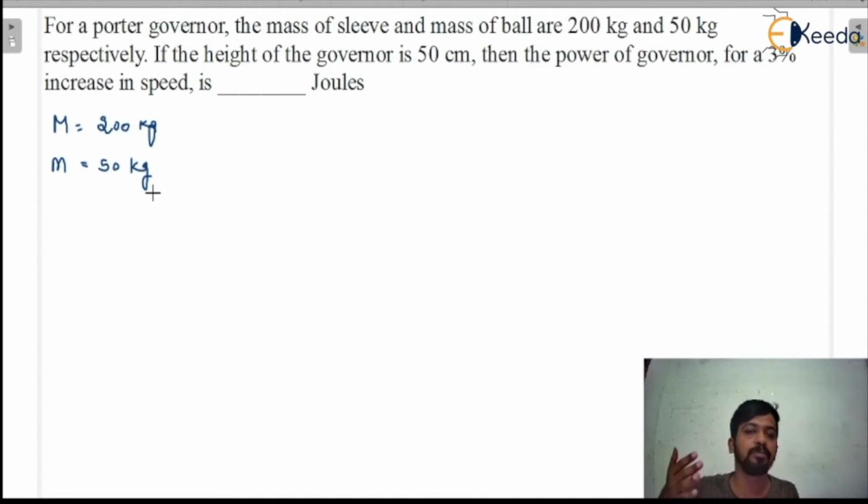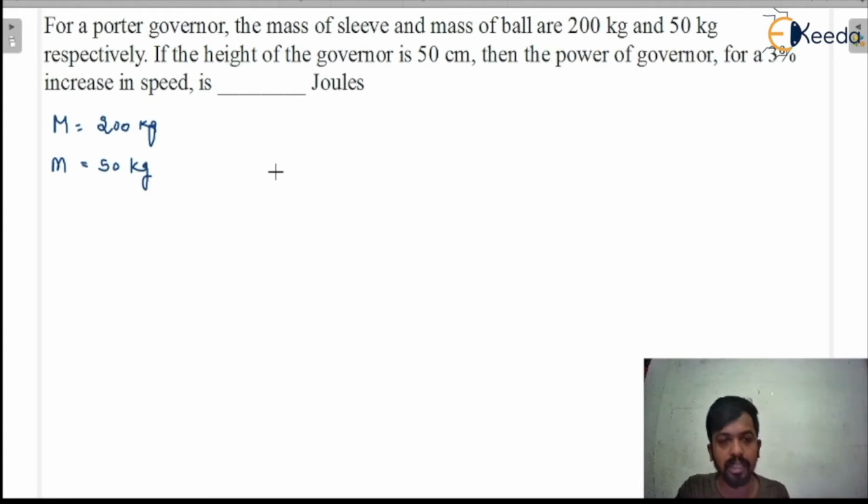If there is an increase in the speed, what would be the sleeve movement? You all know very well. We have calculated the power of the governor when there is a decrease in the speed of the governor. But I already told you conceptually, if there is an increase in the speed, what the formula would be, when we discussed the power of the governor before.